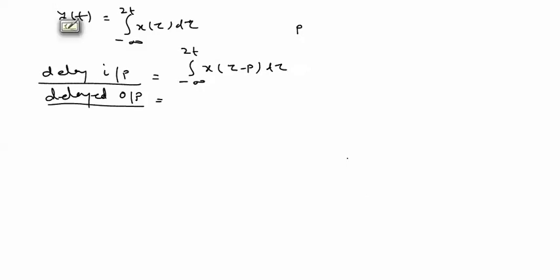Change of variable: tau minus p equals k, d tau equals dk.